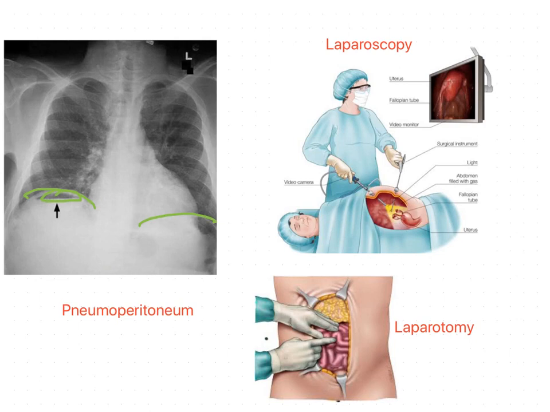They can use this laparoscope to see the peritoneal cavity as well as the internal organs. Next, laparotomy. Laparotomy is opening up the abdominal cavity. Here you can see the opening of the abdominal cavity by a surgeon, called laparotomy.